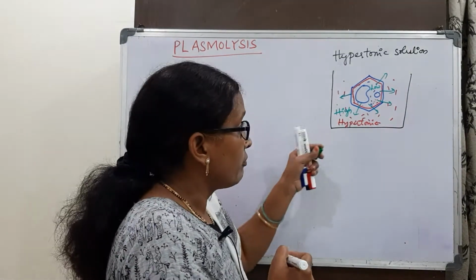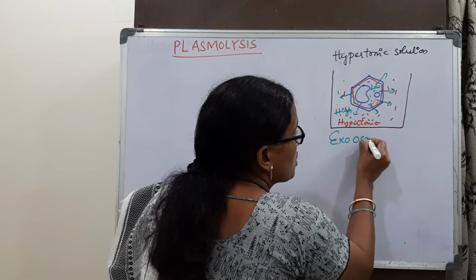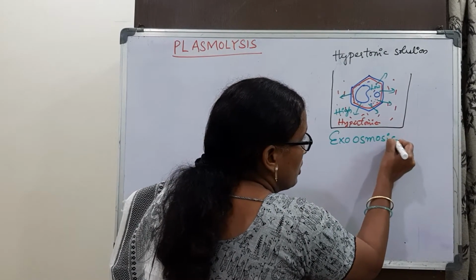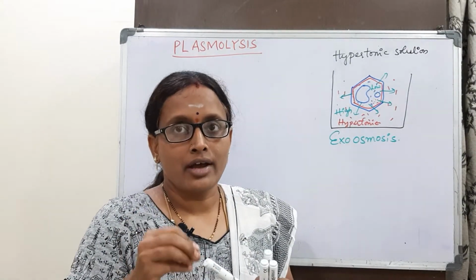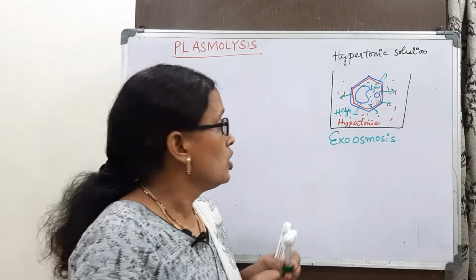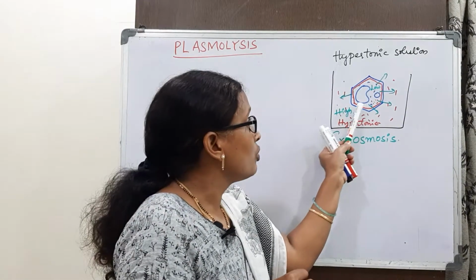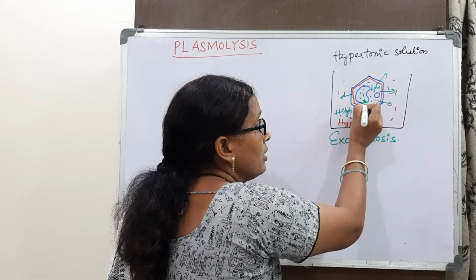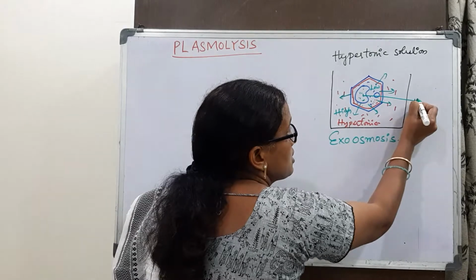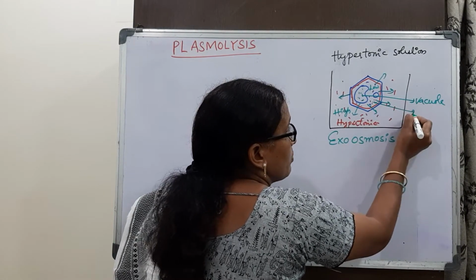This process is called exoosmosis. So when plant cells are kept in the hypertonic solution, what is coming out first? First, water from the cytoplasm is coming out, then the water from the vacuole. This is the vacuole and this is the cytoplasm.